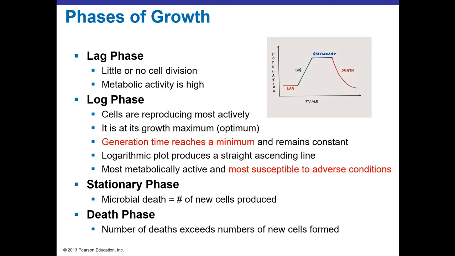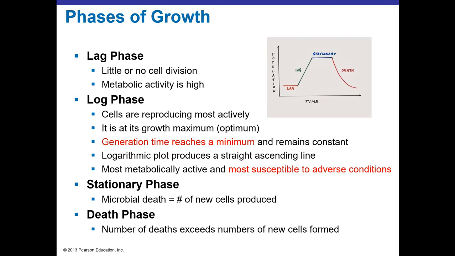There's the flat line because there's little or no cell division, but don't be fooled, the cell could actually be very metabolically active. It has to be replicating its DNA. It maybe needs to make enzymes or structural proteins to be able to divide the cell. There's no cell division, so therefore the line is flat. However, it still is going to be metabolically active.